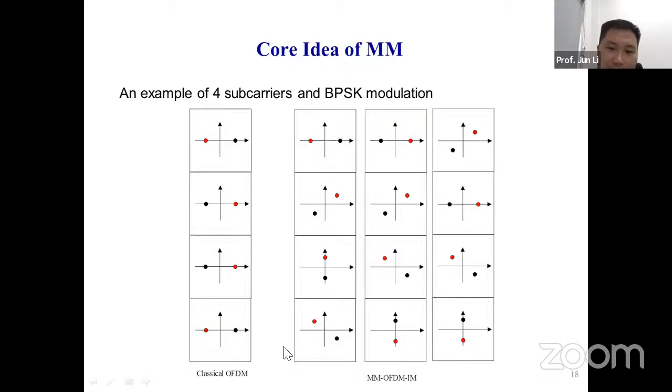So if we see the whole set of subcarriers, the BPSK and the rotated BPSK will have a constellation pattern, right?